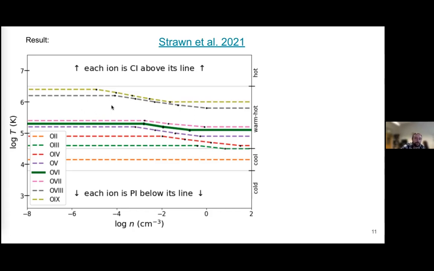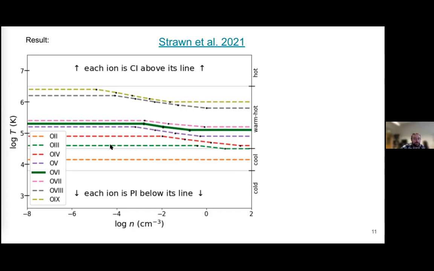At this point, oxygen 8 and 9 are still created through photoionization because it's not quite hot enough to get you an appreciable amount of those ions. The other states would all be created through collisional ionization because it's too hot for them to be otherwise. They'll be seeded according to their temperature, and then adding photons will just bump them up to this state.